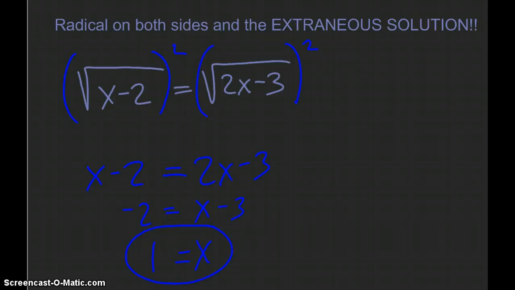Here's where we run into a problem, though. We always have to check our answer. When I plug 1 in here for this x, 1 minus 2 is negative 1. So we end up with the square root of negative 1. As we all know, that's going to lead to an imaginary solution or a complex solution.